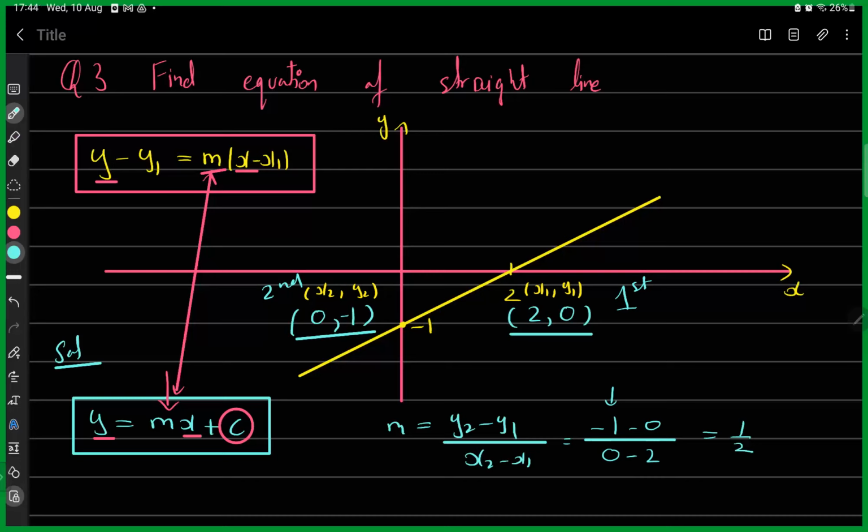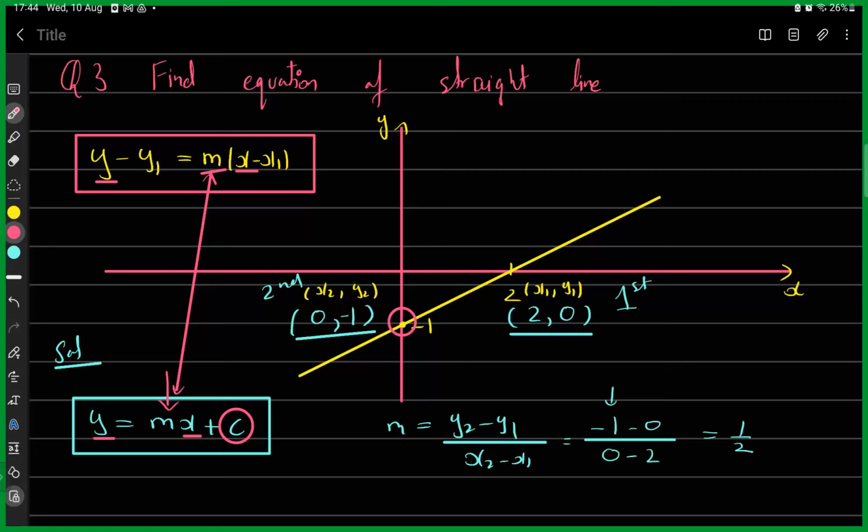That is the same. And if I directly plug in the gradient and the y-intercept, what is the y-intercept? This is what exactly your y-intercept is. Y-intercept is basically the point at which your line is cutting the y-axis, okay? And x-intercept is basically the point at which your line is cutting the x-axis.